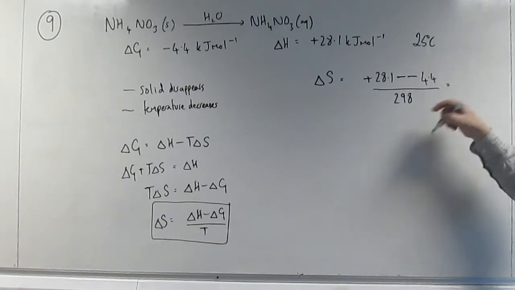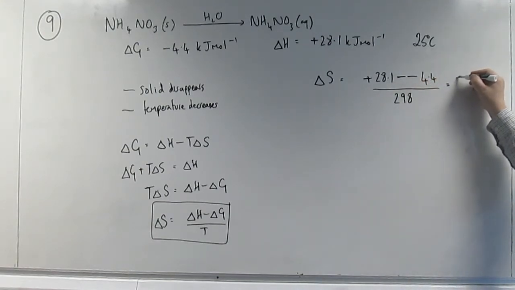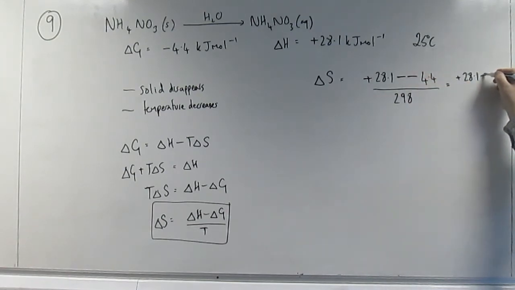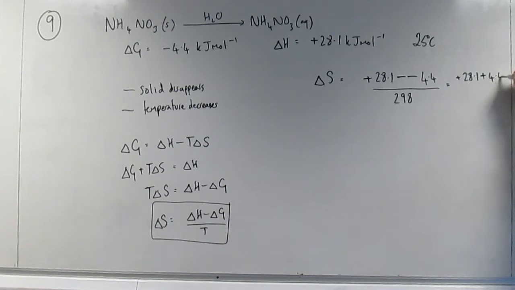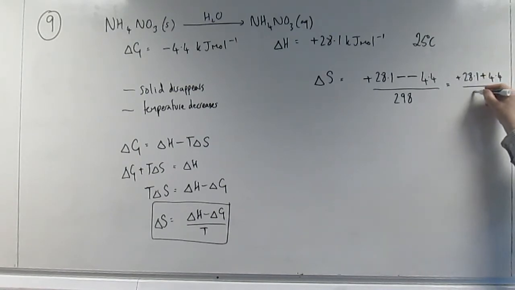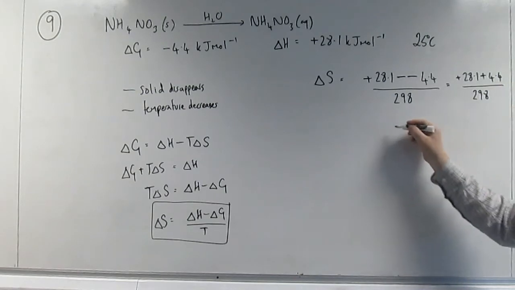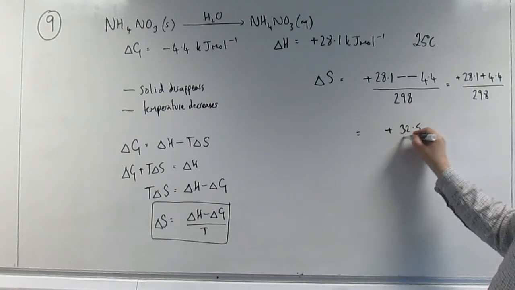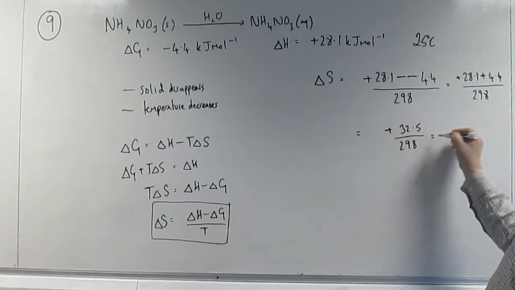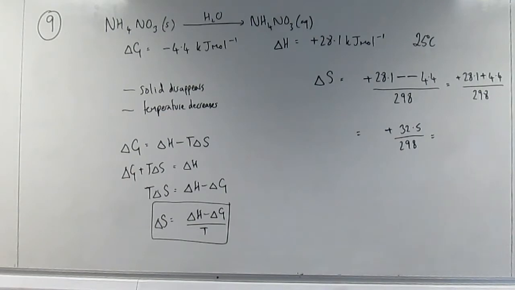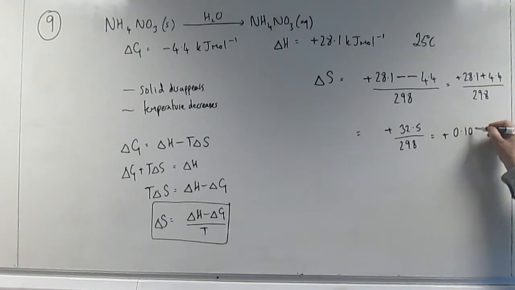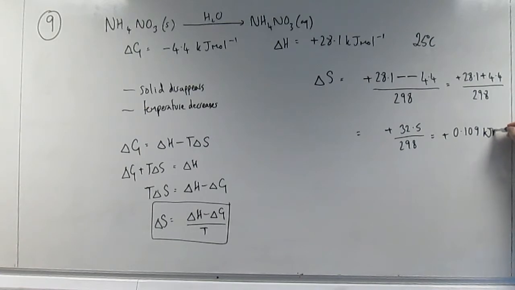Okay, and then if you like, just to be on the safe side, you can rewrite that to make it explicit that subtracting a negative number is the same as adding a positive number. So it's plus 28.1 plus 4.4 over 298, which is plus 32.5 over 298, which, if you crunch the numbers, is plus 0.109. And that will be in kilojoules per Kelvin per mole.